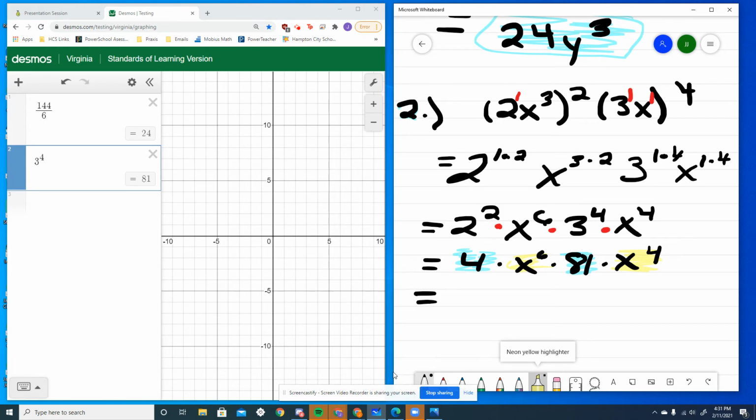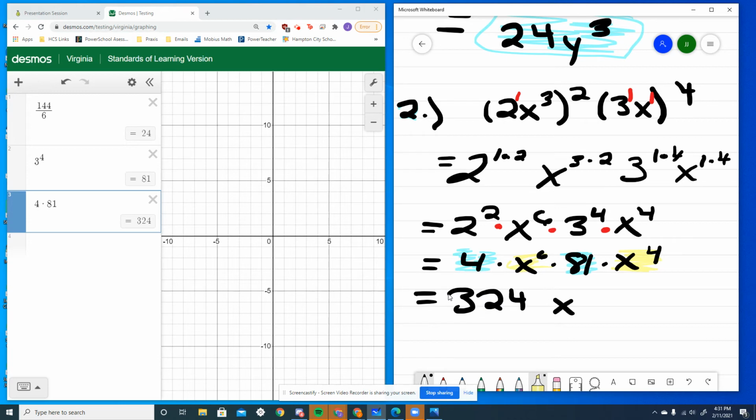If you guessed the product of powers rule, you're right. So I can go 4 times 81. That'll give me 324 x. Let me do this.